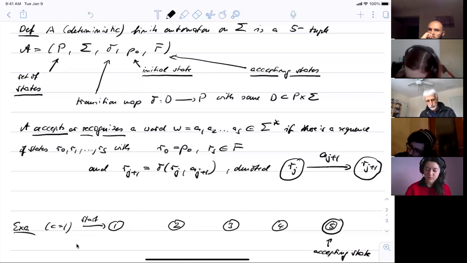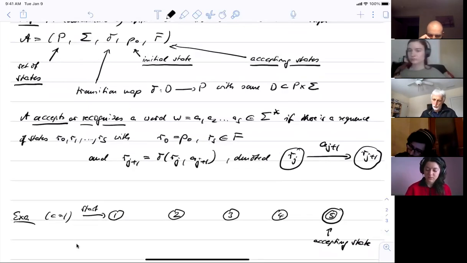And so these are my transitions. Delta is encoded in these pictures.